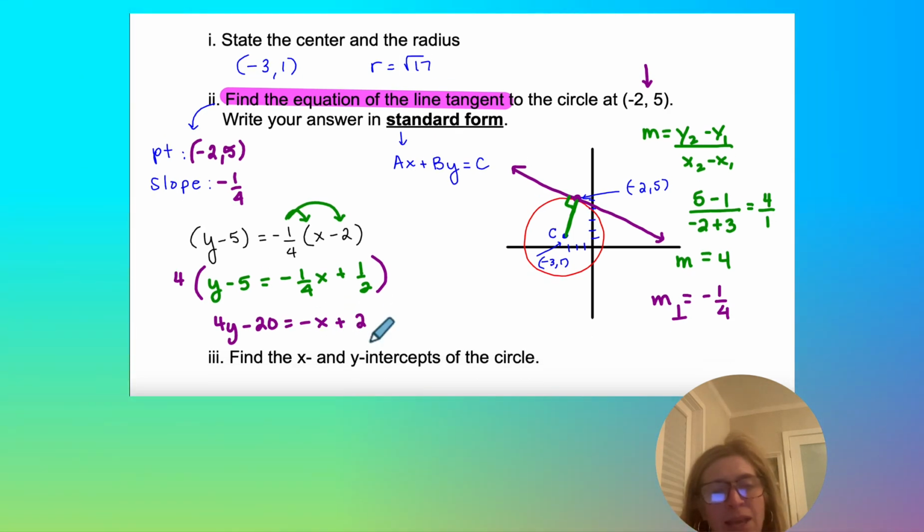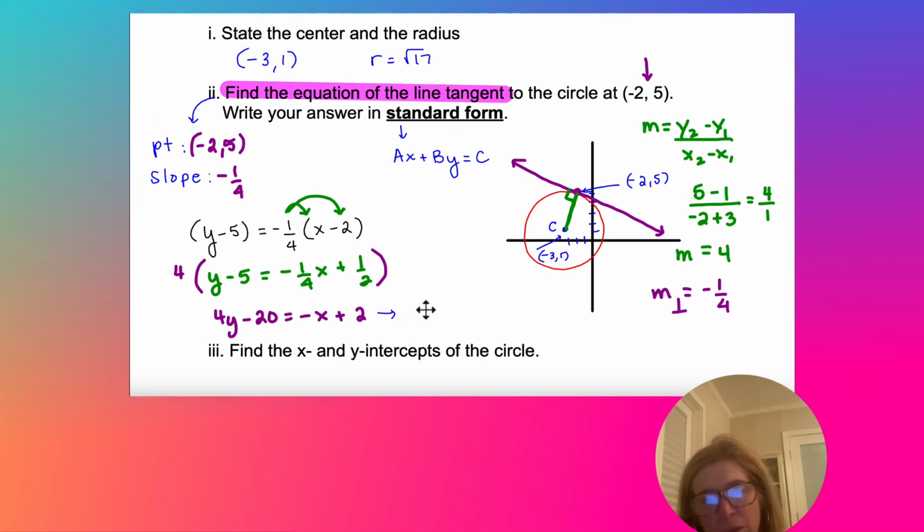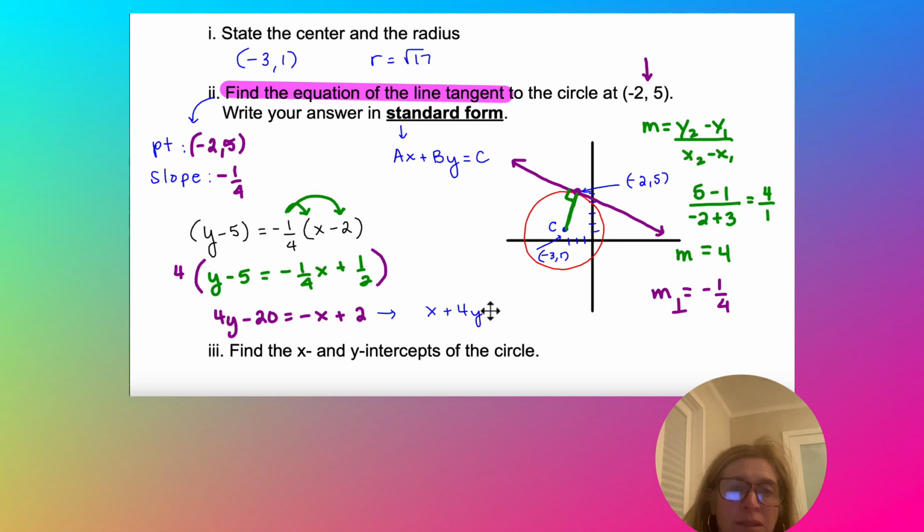And so to get it into ax plus by equals c, I'm going to add the x to the other side, so x plus 4y. I'm going to add the 20 to the other side. Oh, actually, this should have been an x plus 2. Just looking at that right now. It was x minus 2, so that should have been x plus 2.